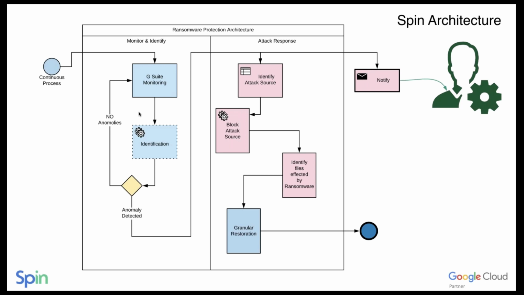Because we use the information that Google sends us, we don't cause an overload from their end. We use the AI on our end to identify the normal behavior of files for different types of G Suite accounts. This helps us reduce the number of false positives, for example, falsely accusing a ransomware attack. But everything is done from our end, which is why it's not causing an overload on the organization's end.